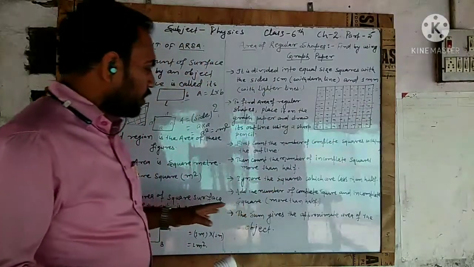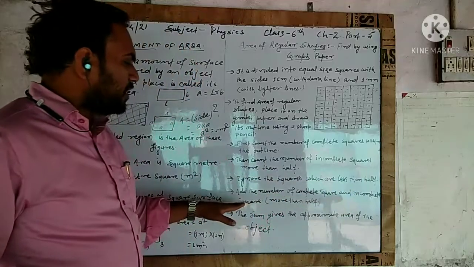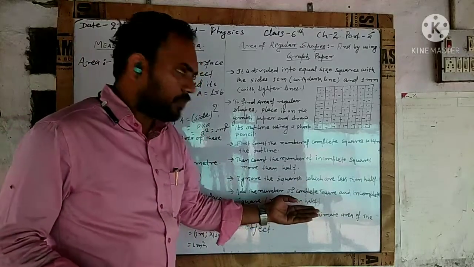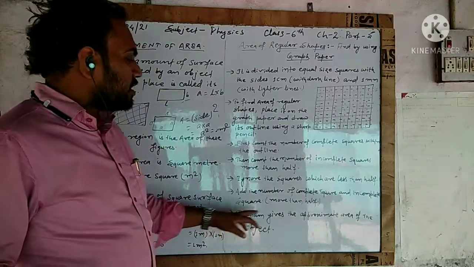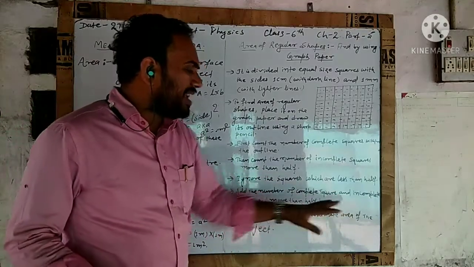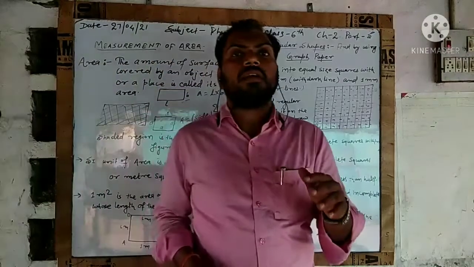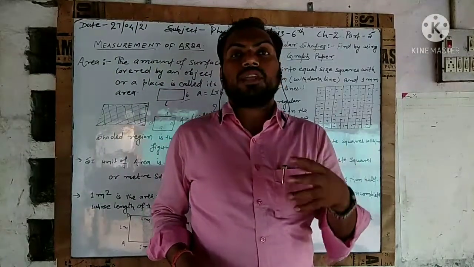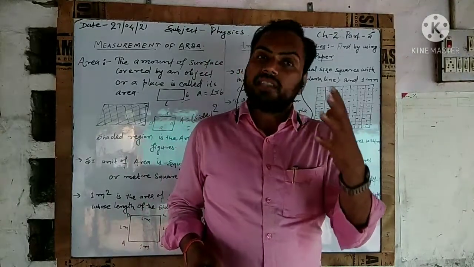Now add the number of complete squares and incomplete squares which are more than half. The sum gives the approximate area of the object.